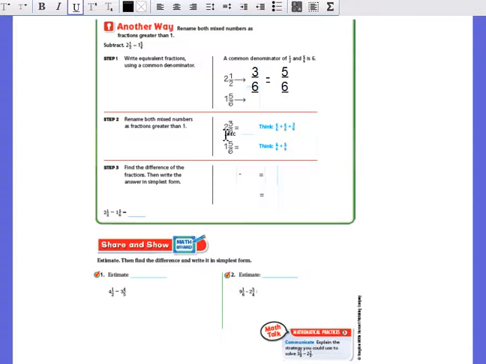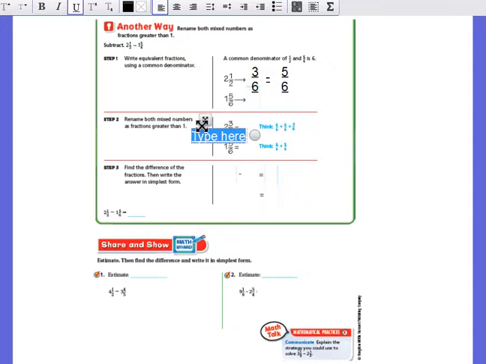So if we do that, how you change that is, we have 2 and 3/6, which we came up with here. And to change this to a fraction, we have to take our whole number times our denominator, which is 2 times 6 is 12, plus 3.